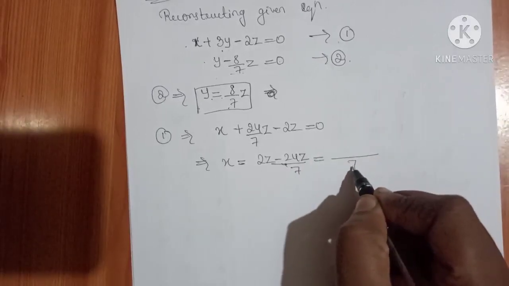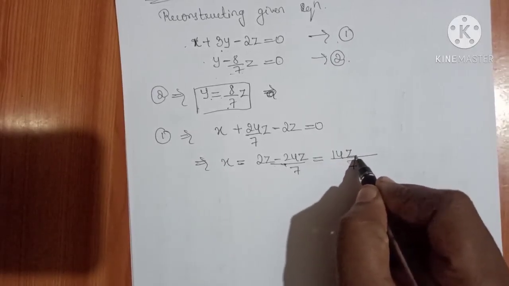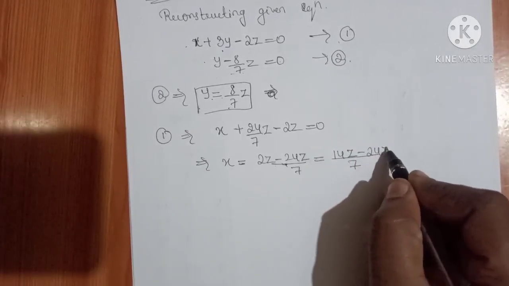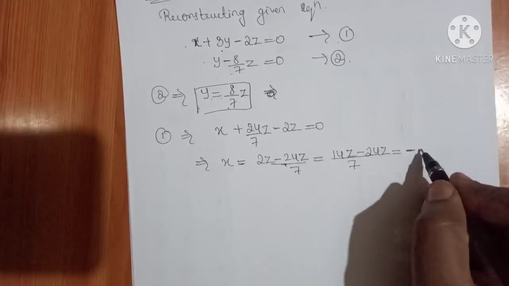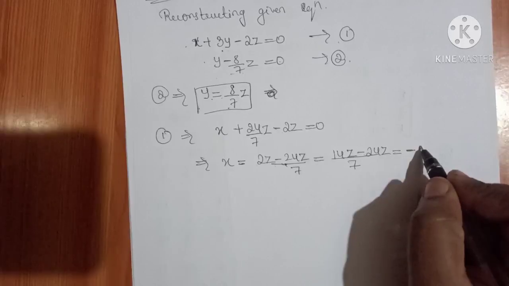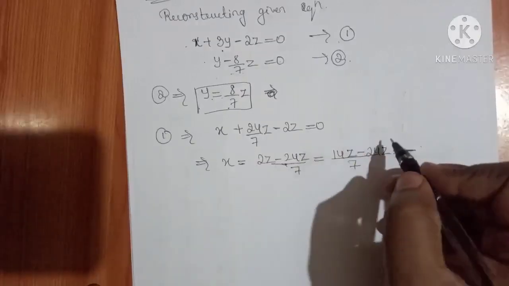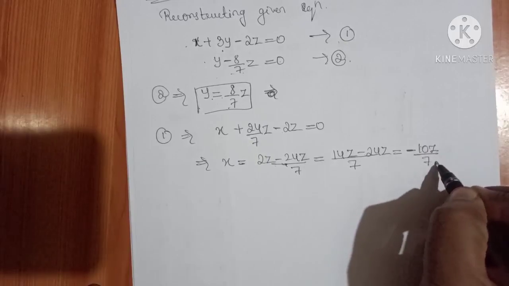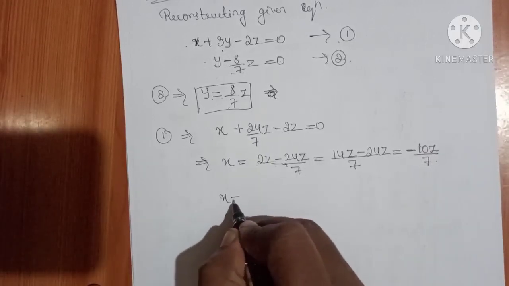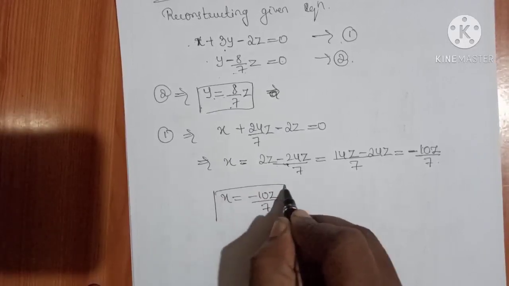Taking LCM, we get 2 into 7 equals 14z minus 24z, which equals minus 10z divided by 7. So x equals minus 10z divided by 7.